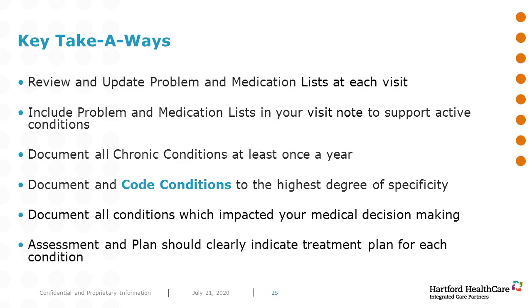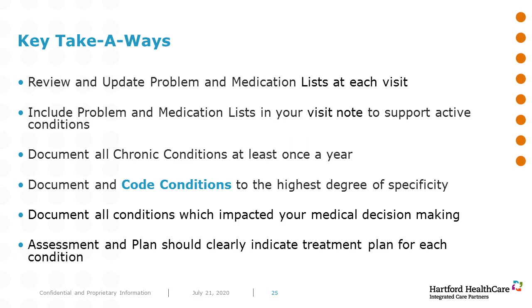So, key takeaways: review and update problem lists at each visit. Include problem and medication lists in your visit note to support active conditions. Document all current chronic conditions at least once a year or at the time of your face-to-face encounter when they have relevance. Document and code conditions to the highest degree of specificity.